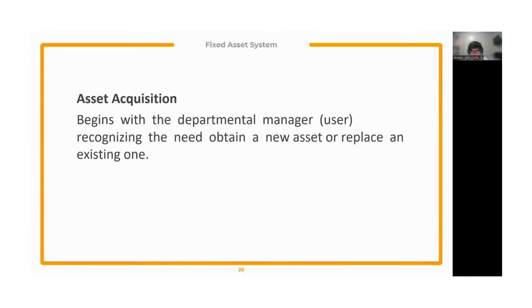So this begins with asset acquisition. When the departmental manager recognizes the need to obtain a new asset or replace a new one. So of course, in order to first acquire an asset, we first have to need the new asset.